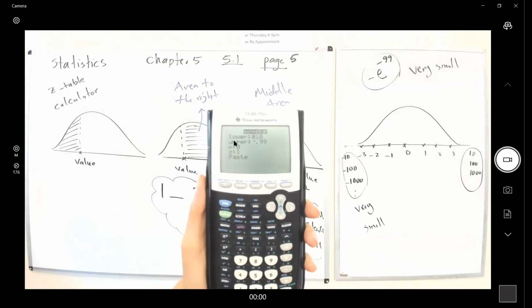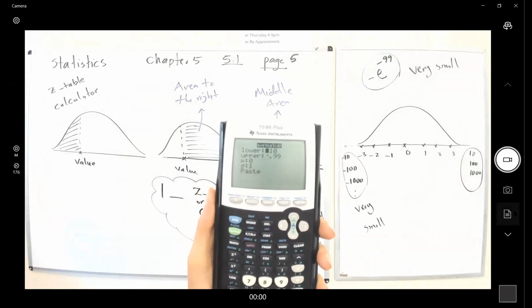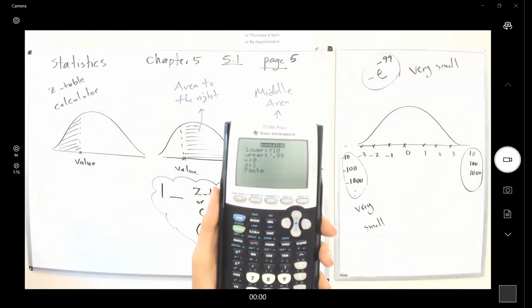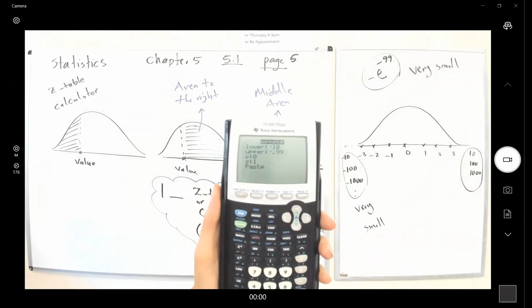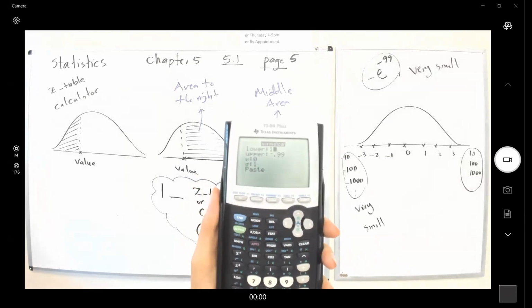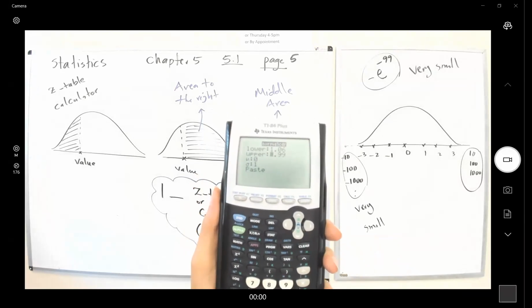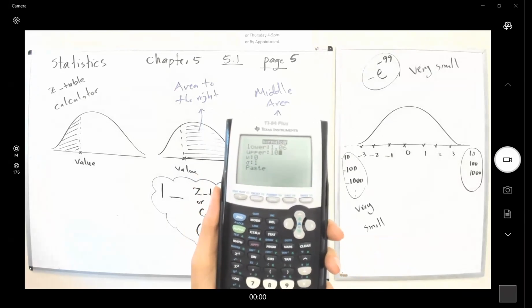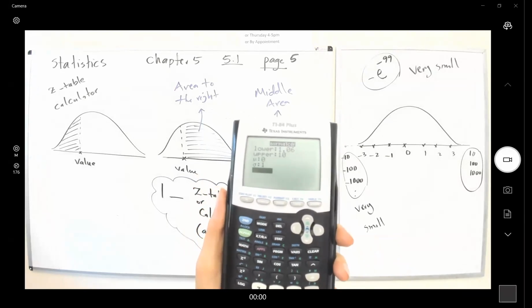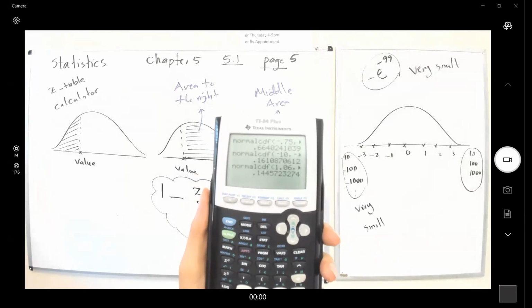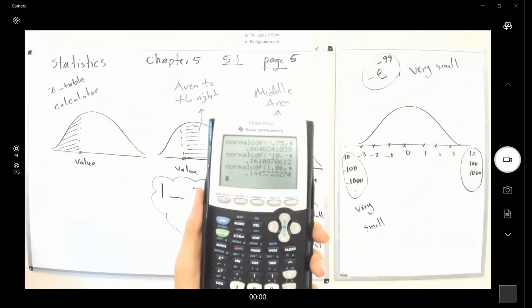My lower limit is given, which is 1.06, and my upper limit, I'm going to use a positive number like 10. Enter, enter, enter. Almost 14%.